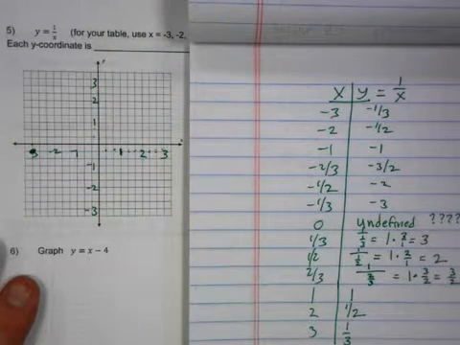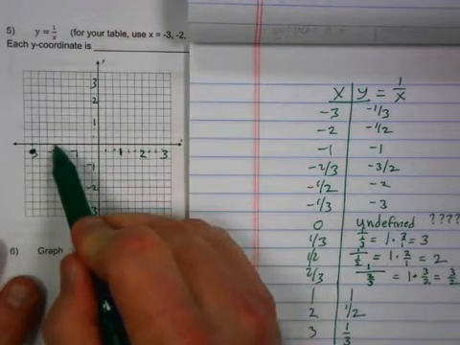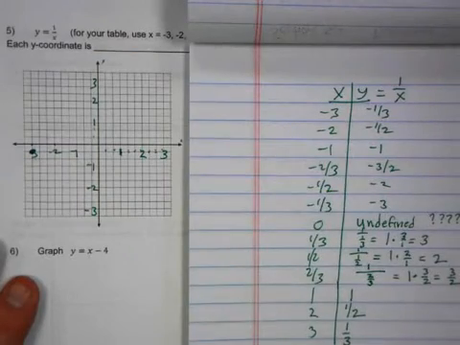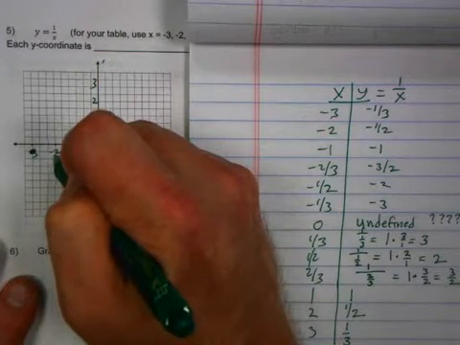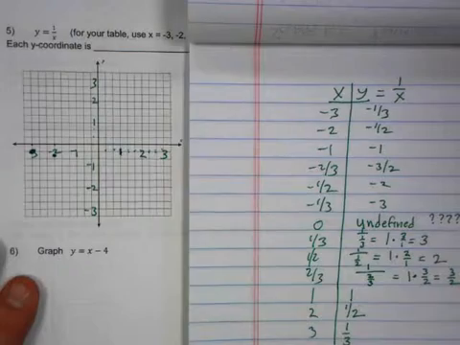Because my tick marks are all 1/3. Negative 2, negative 1/2. Where's negative 1/2? Half in between. A third. Halfway in between, so it's right there. There's negative 2, negative 1/2.